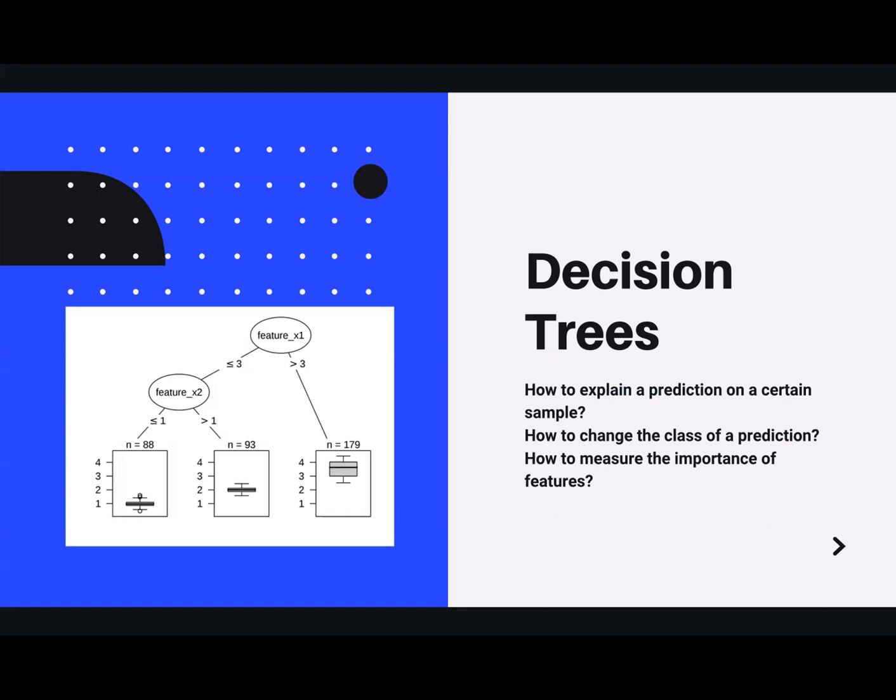So for example, if a feature is used at the start of the decision tree, does that mean it's a very important feature? Or if a feature is used at the very lowest level of the decision tree, does that mean it's more important? So which one is more important?